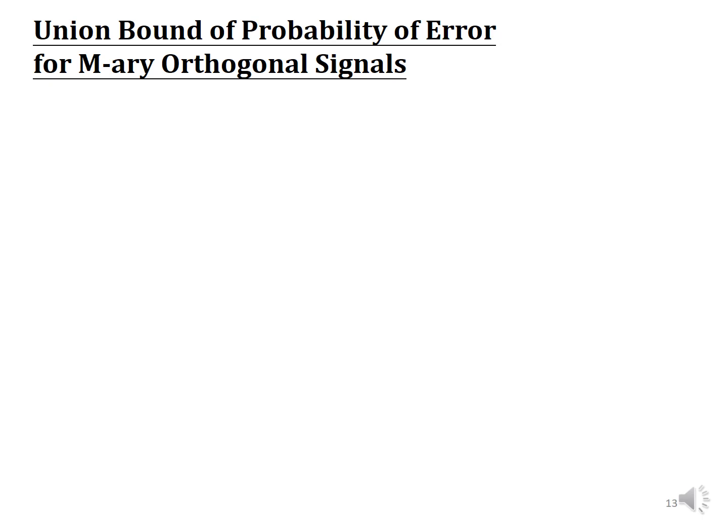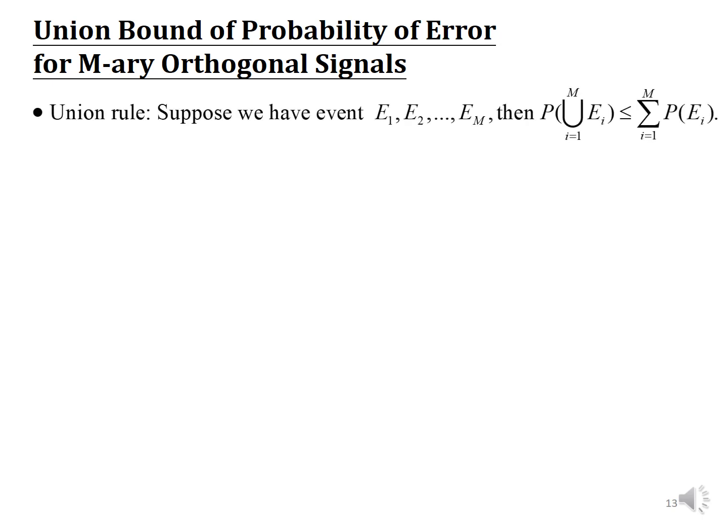And the last slide is about the M-ary orthogonal signals and the union bound of the probability of error. Remember, we have derived the approximation of the M-ary orthogonal signal error probability, right? We do not have a closed form of the error probability of the M-ary orthogonal signal.